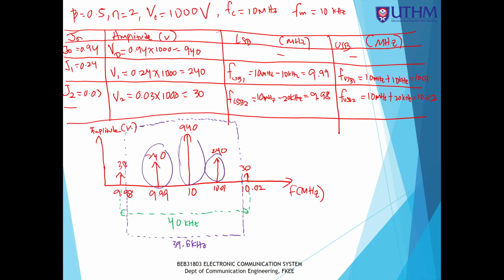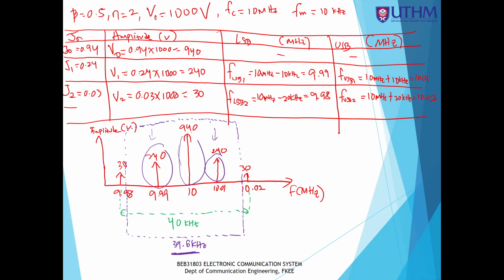Within the 39.6 kilohertz of bandwidth, the smallest component would be the first sideband.